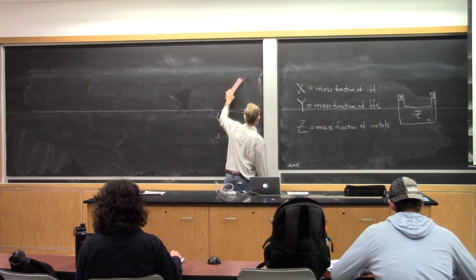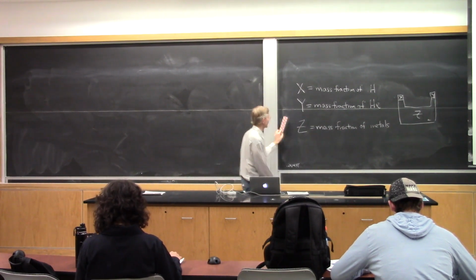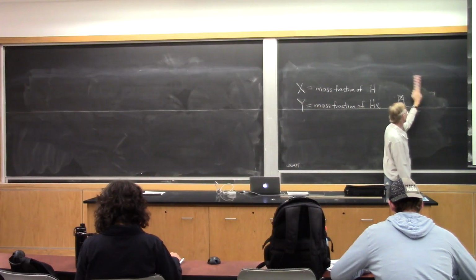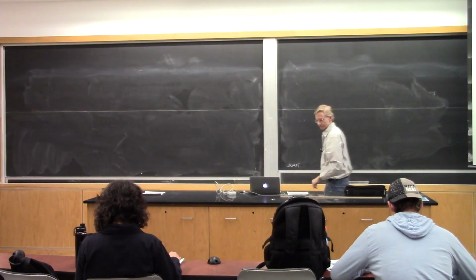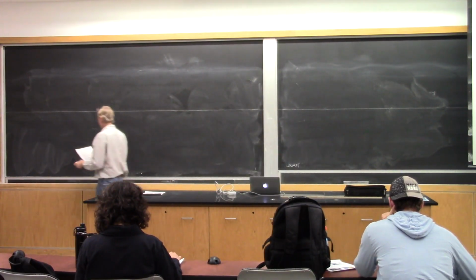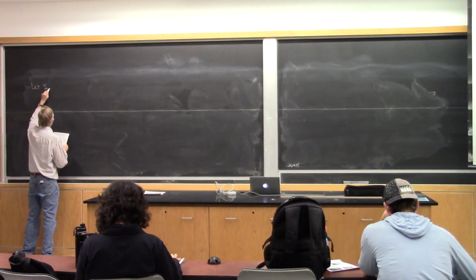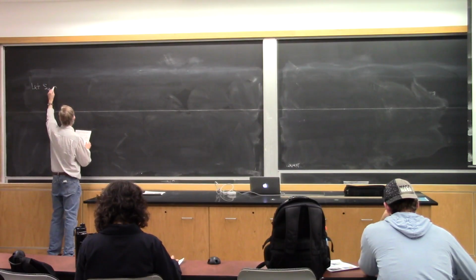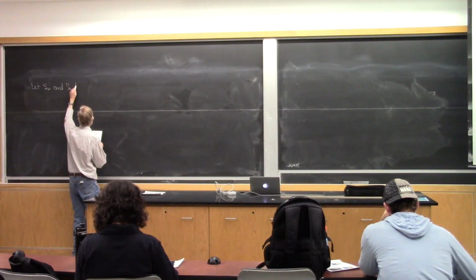So now we're going to put to use all this stuff we said about energy levels and degeneracies and all that kind of good stuff. Following the way the book puts it, we're going to let S sub A and S sub B be the set of quantum numbers specifying two quantum states of an atom.